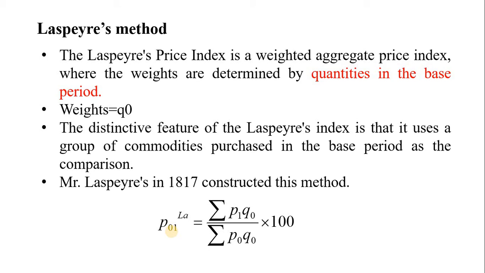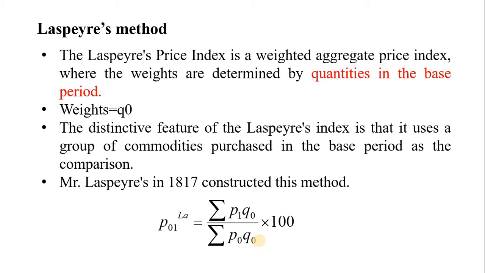It is equal to sigma P1Q0 divided by sigma P0Q0 into 100, where Q0 is the weight. So the peculiar feature of the Laspeyres method is that he assigned Q0 as the weight. That's all.